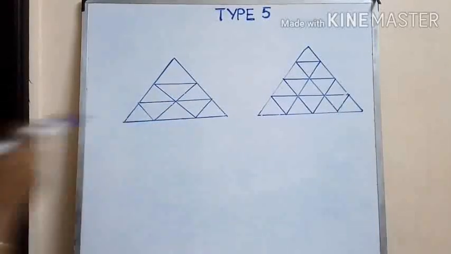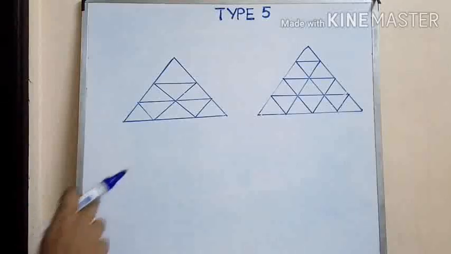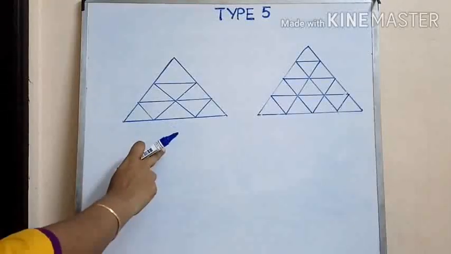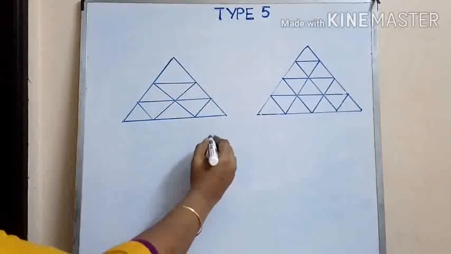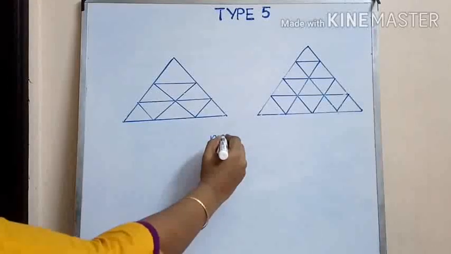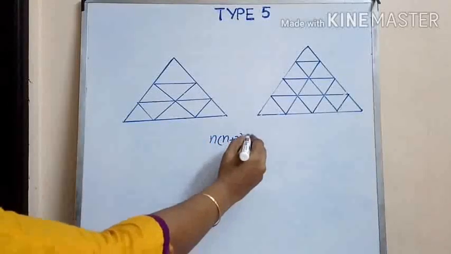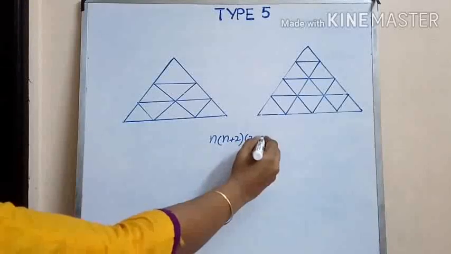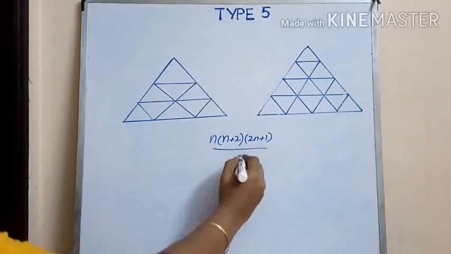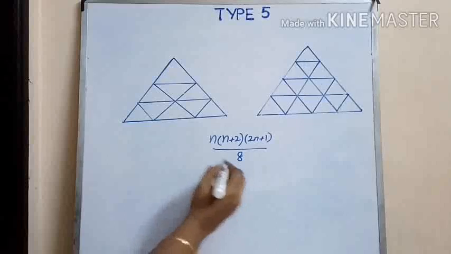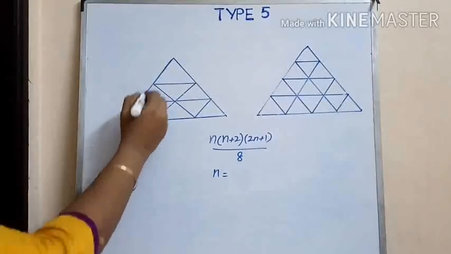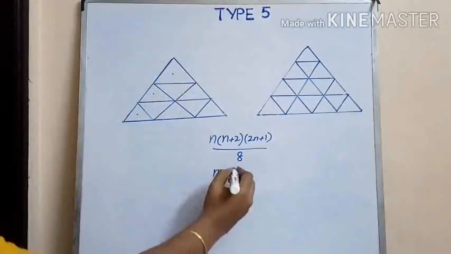In type 5, we have to count the triangles within a particular pattern of triangle. So here the formula we are going to use is n into n plus 2 into 2n plus 1 by 8, where n is the number of unit triangles in one side.